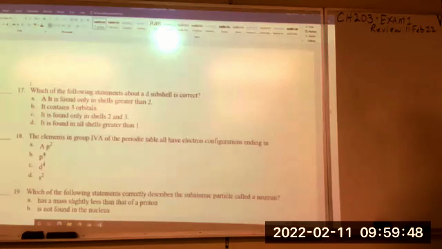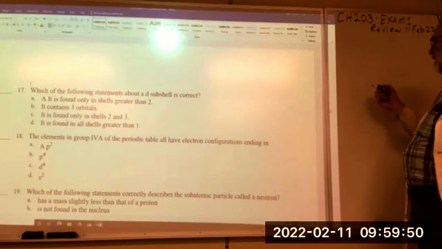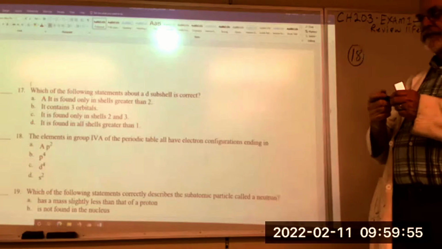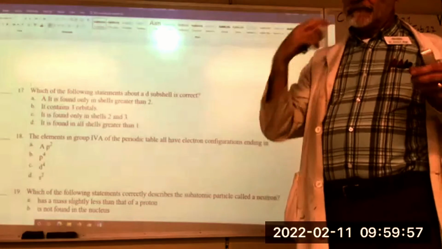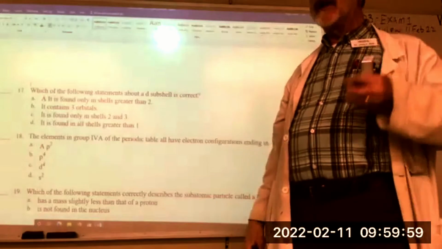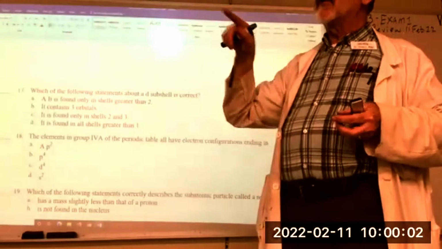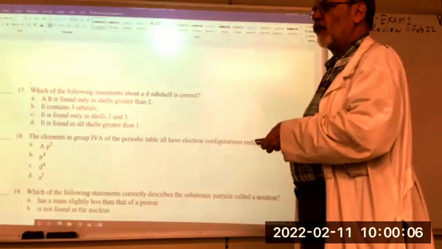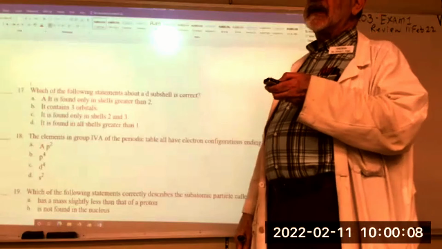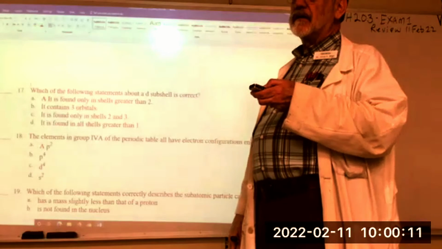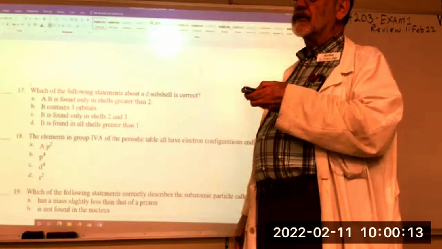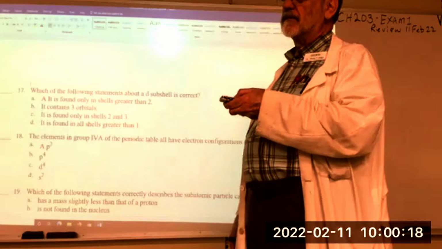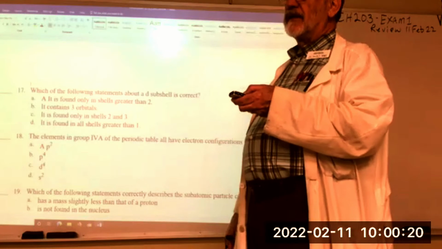Okay, elements in group 4A. So let's look at our periodic table. Where's 4A? We got two ways to number. We got the old way, and the new way, which is 1 through 18 across groups. Okay, 4A. The A's are always going to be either the alkali metals, alkaline earths, or these representatives over here. And these are the B's.